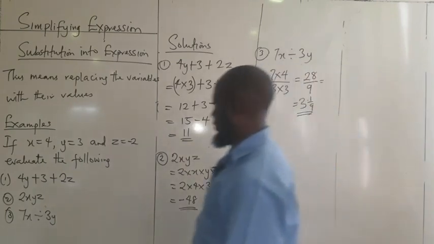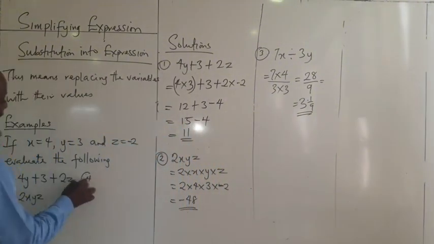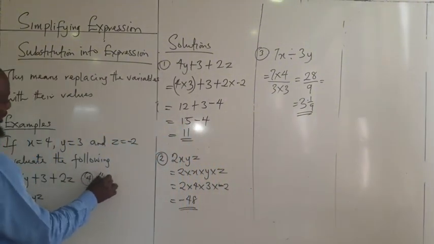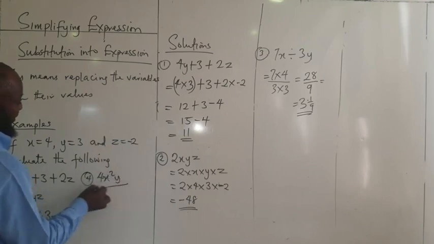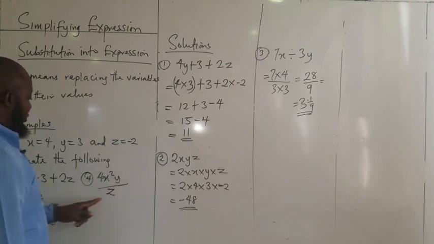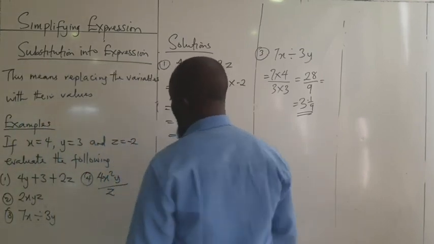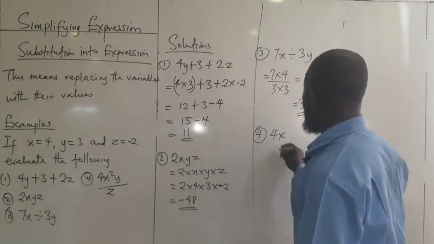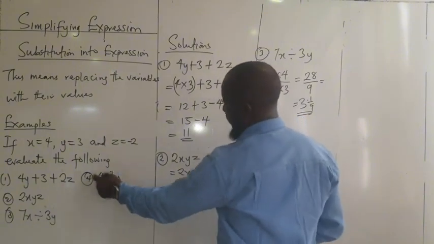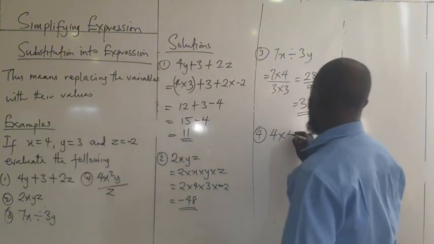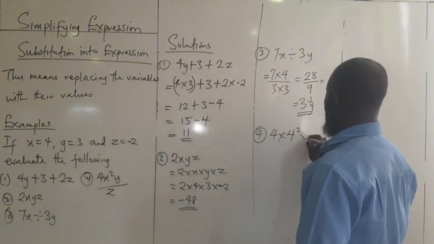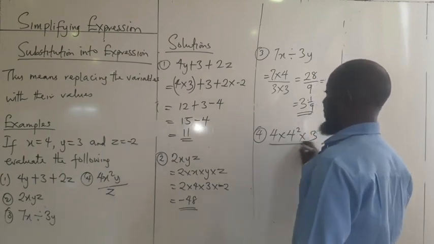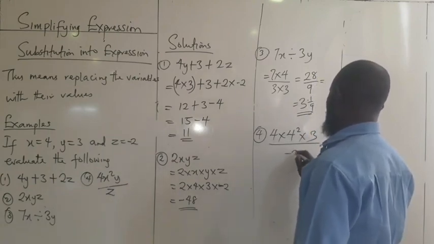So we can have another one. If you have another one like this, you have 4x squared y divided by z. For you to do this, it's still the same thing. That is 4 times x squared, and the value of x is 4, so that is 4 squared, times y, which is 3, divided by z, which is minus 2.